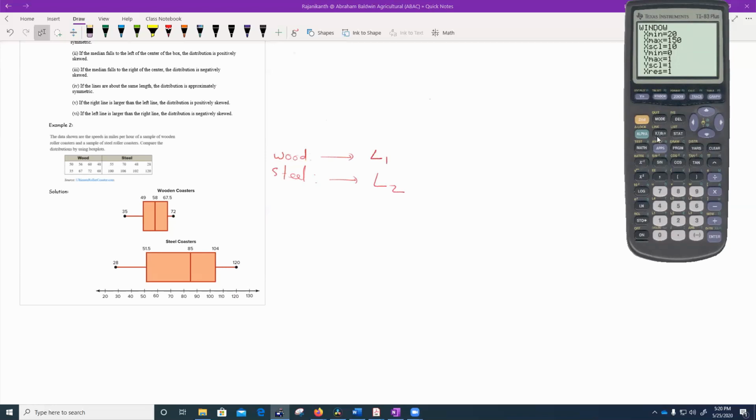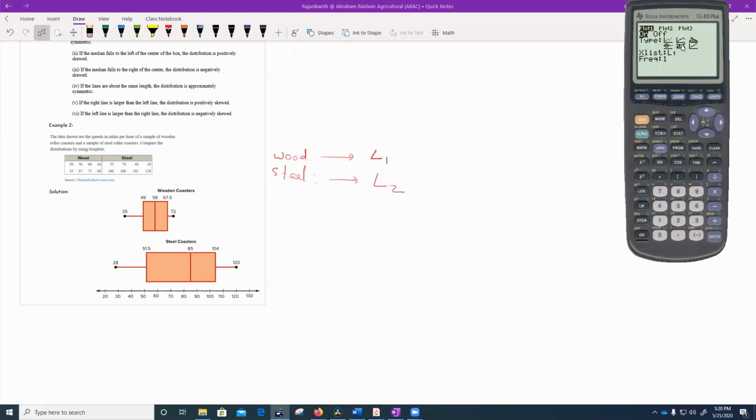Okay, so the key point is now you need to go for the stat plot. Remember, I'm going to draw two plots in one grid, therefore you need to define two plots. My plot number one, so I'm entering there. I'm going to draw my first plot as the wood, so that is type number 4.